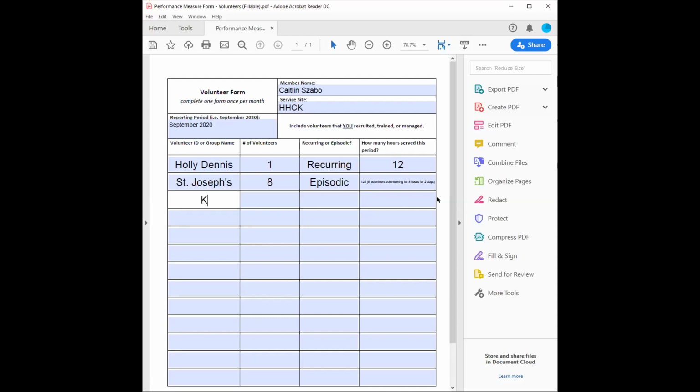So say you have these 3 individuals from Rotary. We're going to say they're recurring every other month. And so they started serving in September and they volunteer 1 hour each month. So that's only going to be 3 hours that we log because it was 3 volunteers for 1 hour.